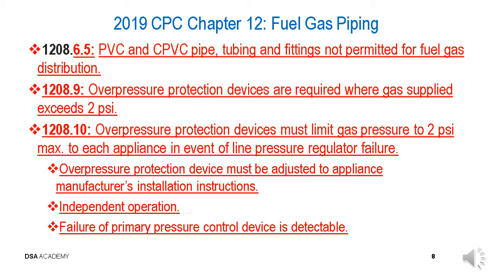So overpressure protection devices are required where gas supplied exceeds 2 psi, and in 1208.10, overpressure protection devices must limit the gas pressure to the 2 psi maximum to each appliance in the event of a line pressure regulator failure. This overpressure protection device must be adjusted to the appliance manufacturer's installation instructions. It must also operate independently. The failure of this primary pressure control device must be detectable.